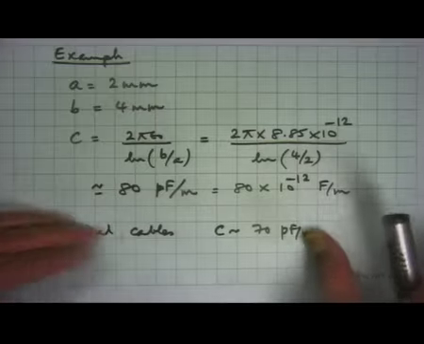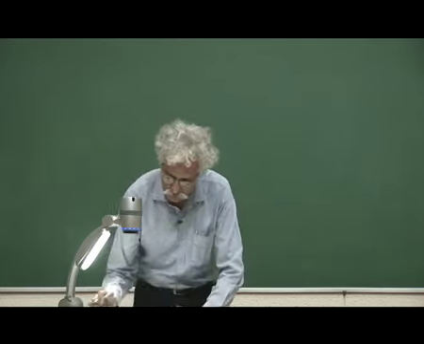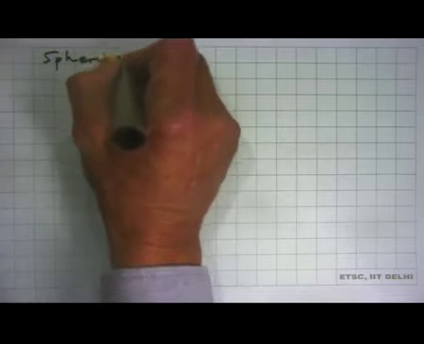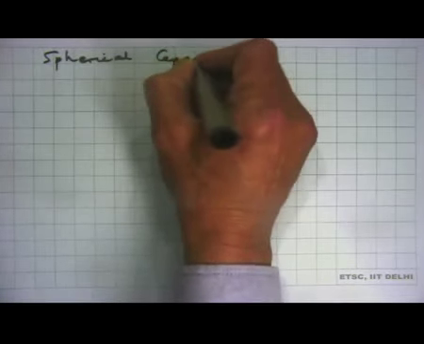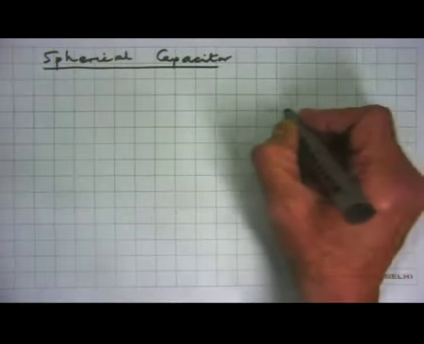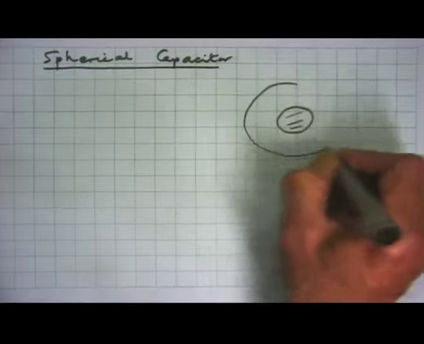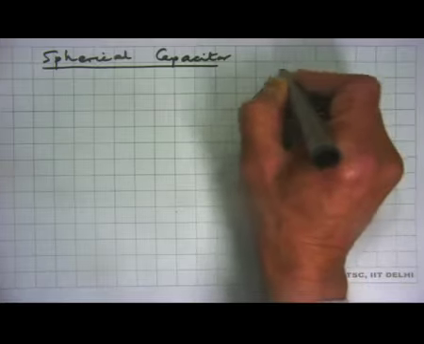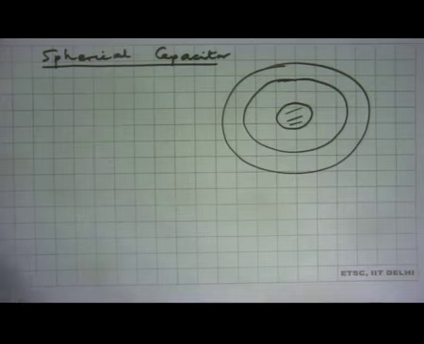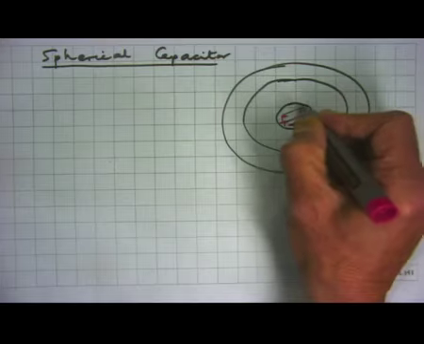Let me take another example, a spherical capacitor. Spherical capacitor consists of one inner spherical conductor surrounded by an outer spherical conductor. The inner sphere is assumed to be charged positively.